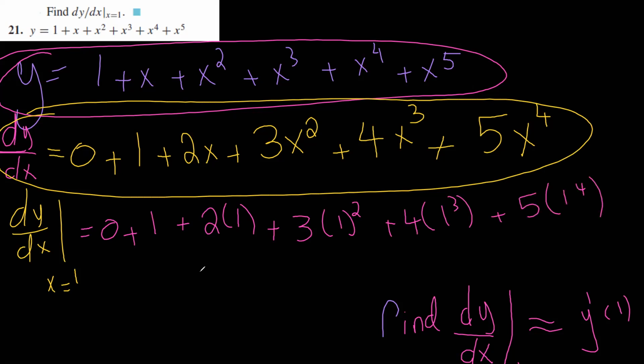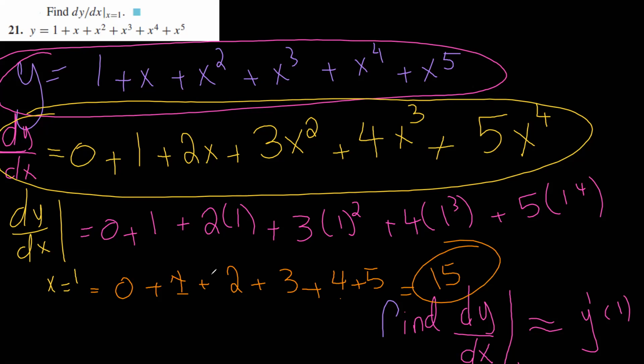Is it right? Yes. Then 0 plus 1 plus 2 plus 3 plus 4 plus 5. 5 plus 4 is 9, plus 1 is 10, plus 5 is 15. So the answer here is 15. Is it clear? Yes. I find the derivative, then I evaluate with x equal 1.